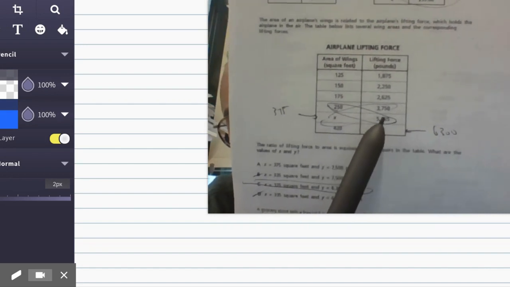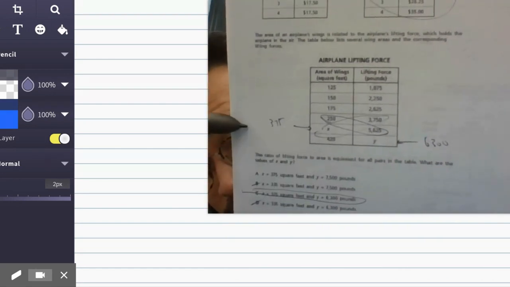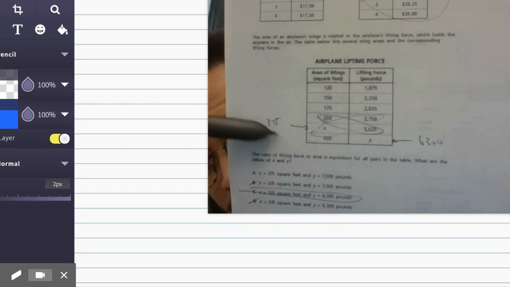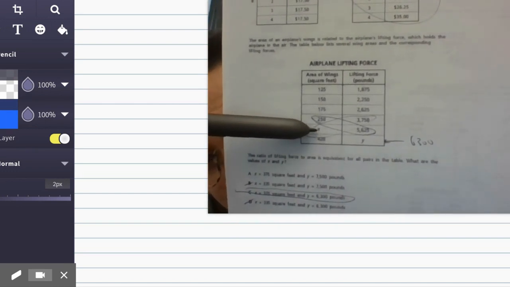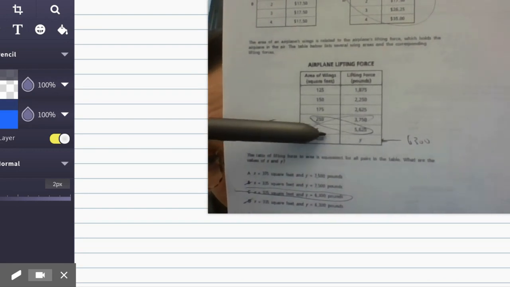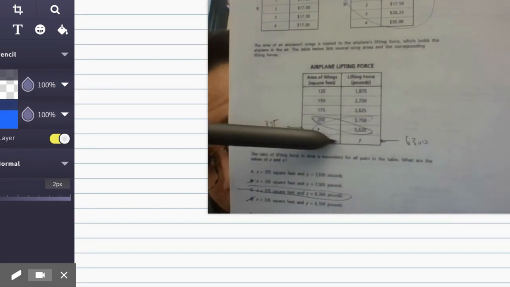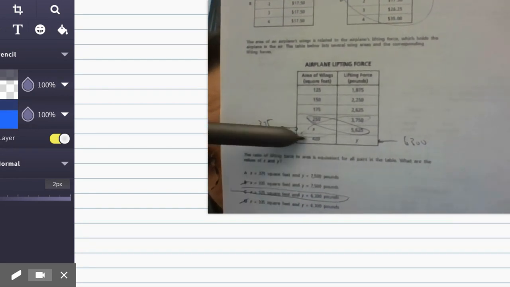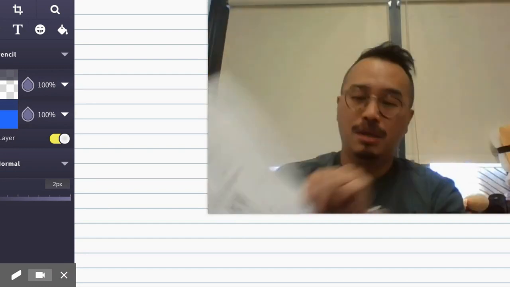Cross multiply and divide by the 3750, you would get 375 here. And then what I did is I put 375 here, and I cross multiply again. So 5625 multiplied by, I can't see that, 420 maybe, and then divided by the answer I got there, 375, and you get 6300. So that C is the only one that matches.